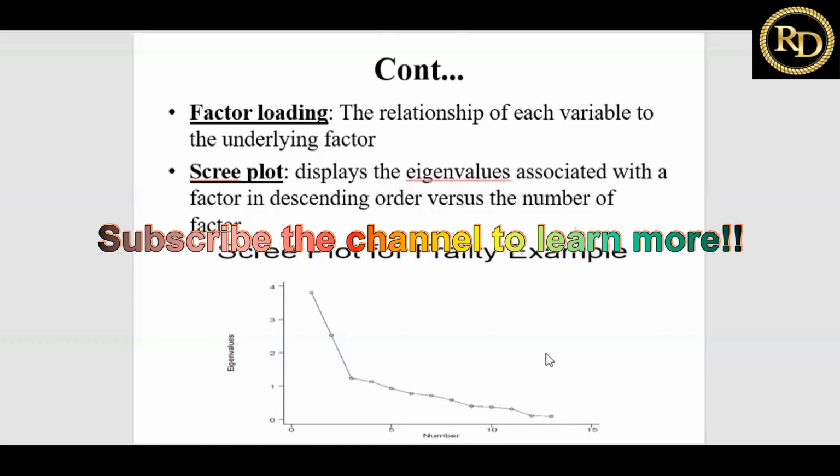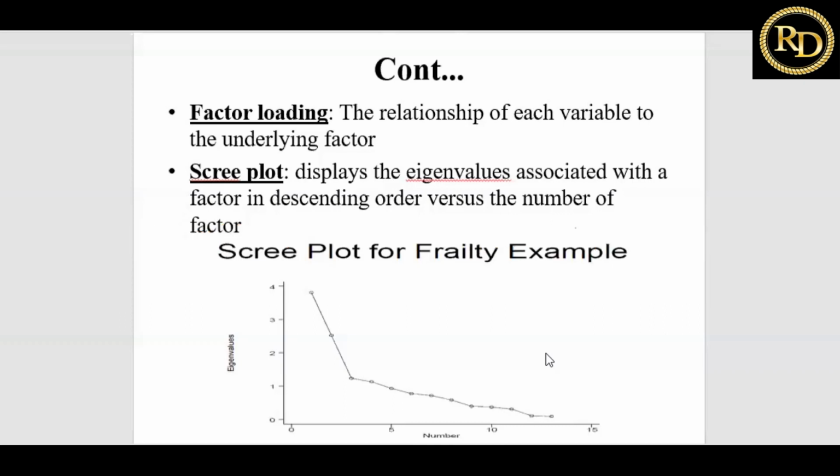In the next section we will talk about the scree plot. A scree plot displays the eigenvalues associated with the factors in descending order versus the number of factors. You can see here that on the y-axis is the eigenvalue, and on the x-axis is the number of factors.